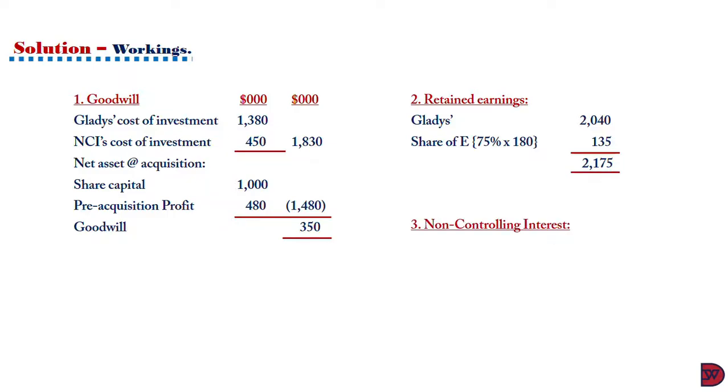When we come to the non-controlling interest, their cost of investment is $450,000. Their share also in the post-acquisition reserve of Emilia will be $45,000, total of which will be $495,000, also captured in the consolidated statement of financial position.